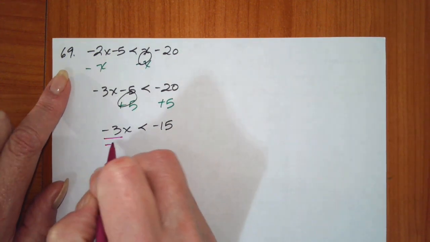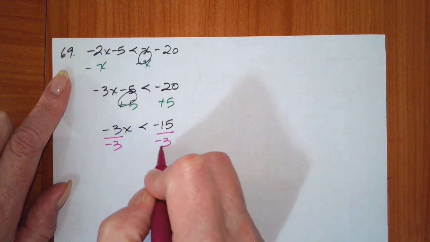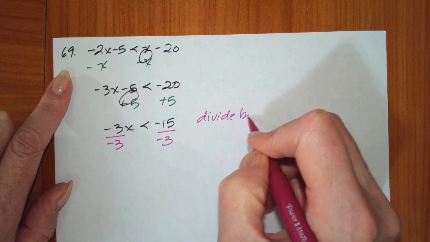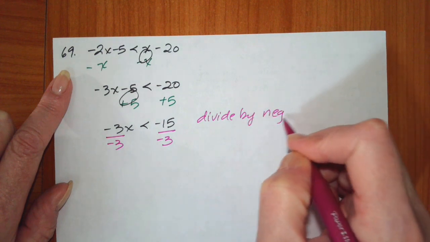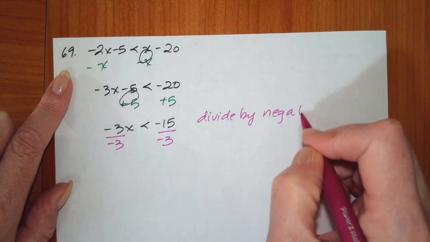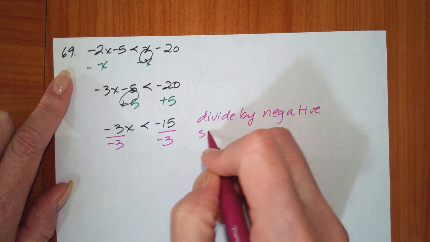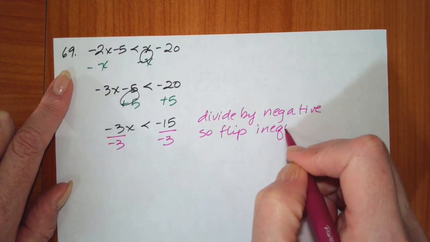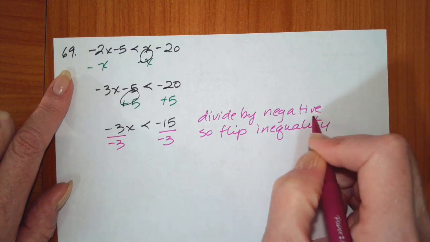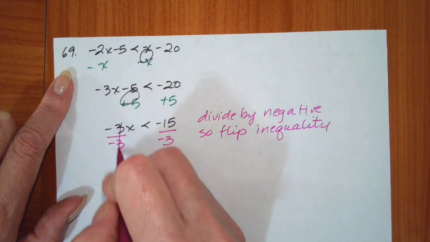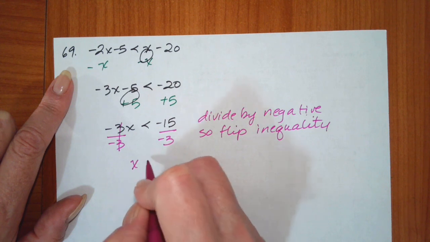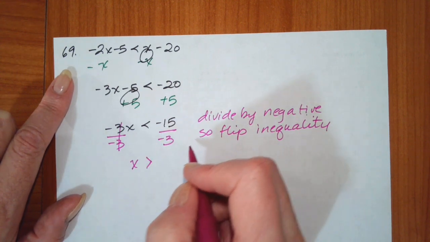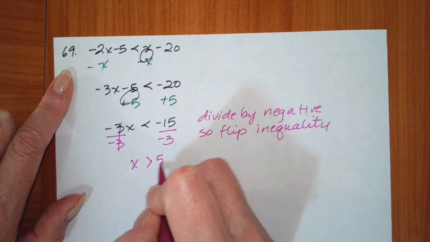So now here I'm going to divide by a negative number, so you must flip the inequality. So that tells me x is greater than negative divided by a negative is a positive, and that's 5.